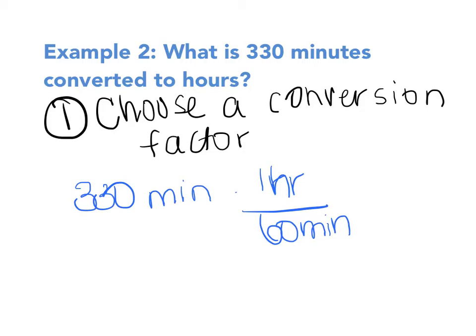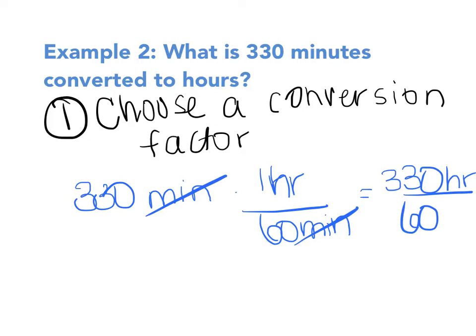And the second thing that we do is we can divide out the common units. I have minutes here, and just like A over A would cancel out, or 3 over 3 would cancel out to 1, minutes over minutes cancel out to 1. So then I'm left with 330 hours over 60. And the last step I can do is just simplify. So I'm going to divide 330 by 60, and I'm left with 5.5 hours.